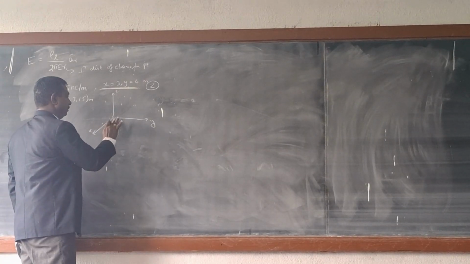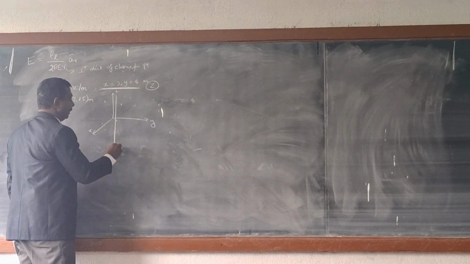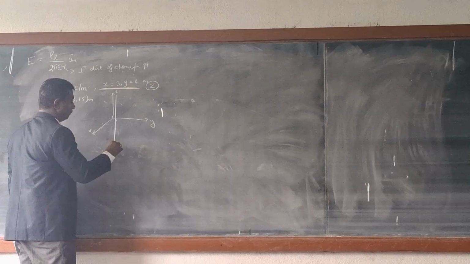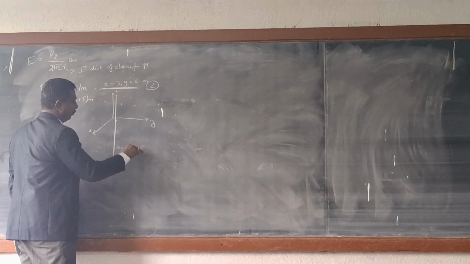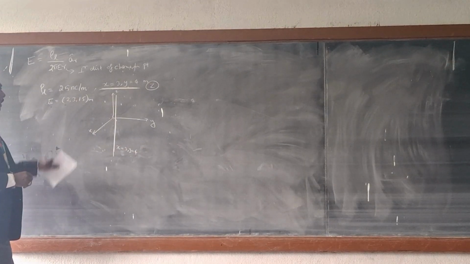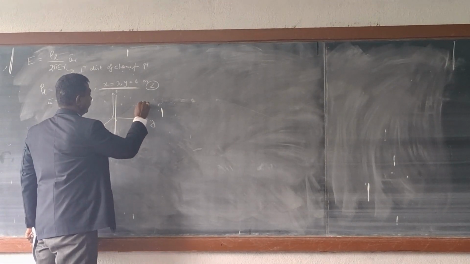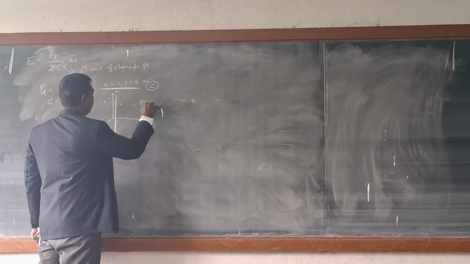So if we take anywhere in the line, x will be 3 and y will be 4. Now we are asked to find electric field at a point. Let us assume the point is here. You don't want to be precise in pointing all these things.